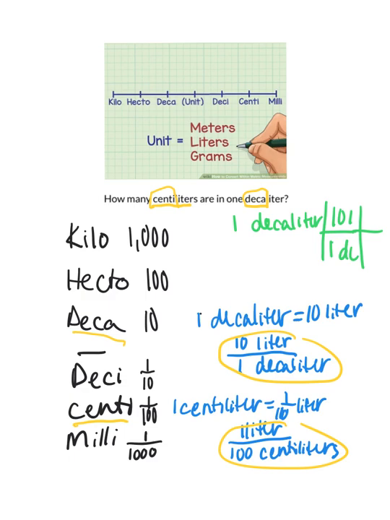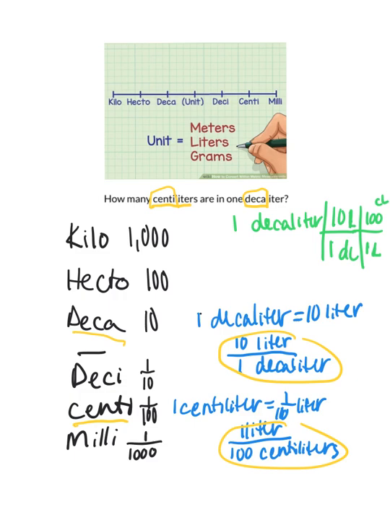And then we know that 1 liter, and now to be balanced, the liters at the top here, so we want the liter at the bottom, 1 liter is equal to 100 centiliters.